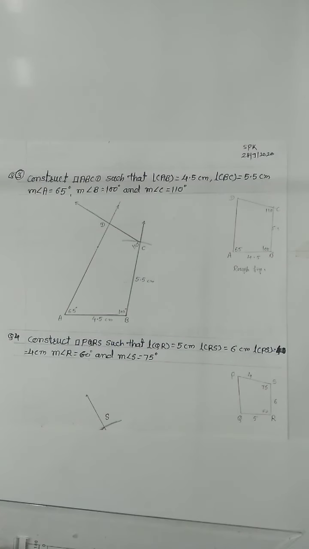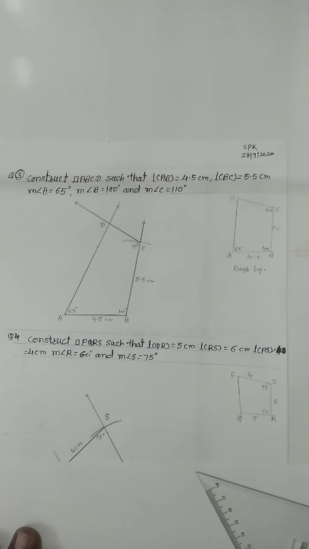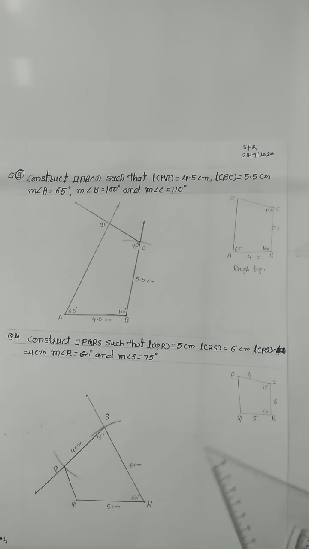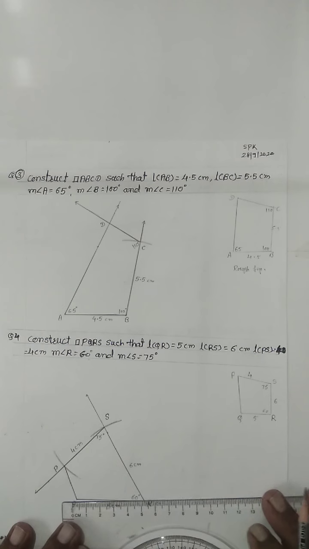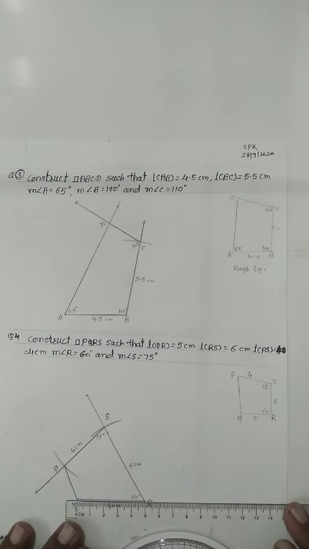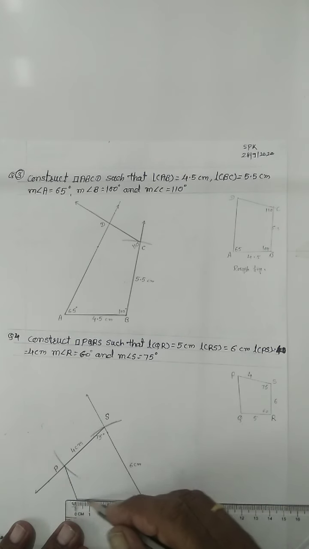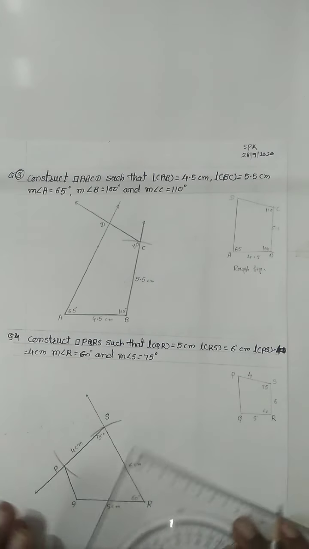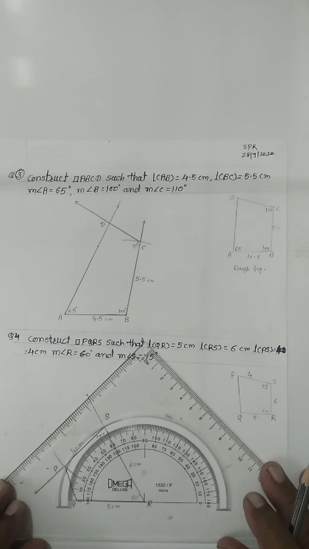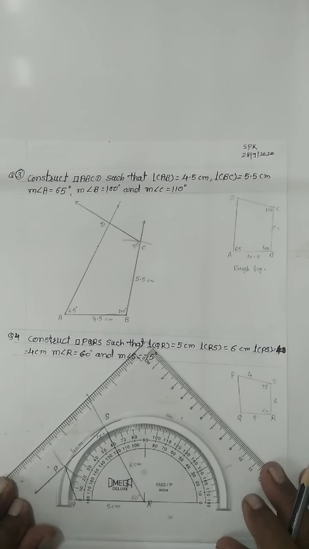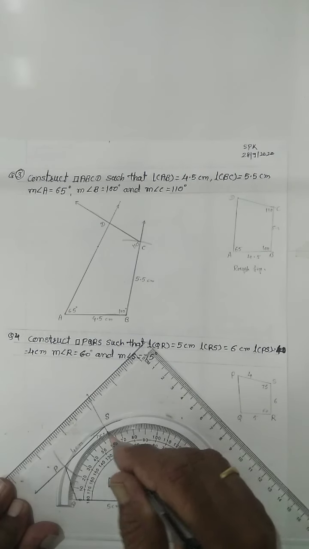Draw the rough diagram, then draw the line QR, one of the sides of the quadrilateral. The length is 5 centimeter. Then put a protractor on point R and take an angle of 60 degree.